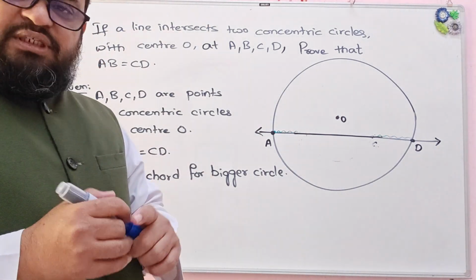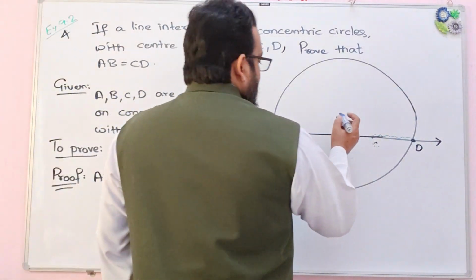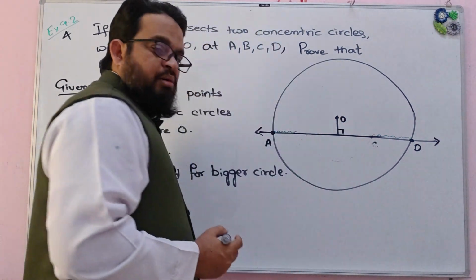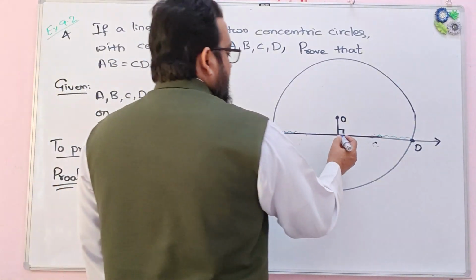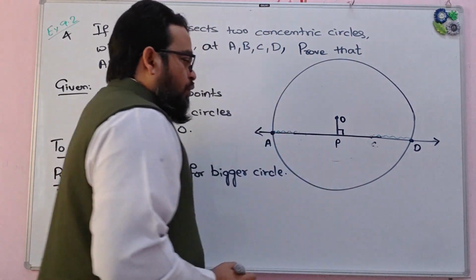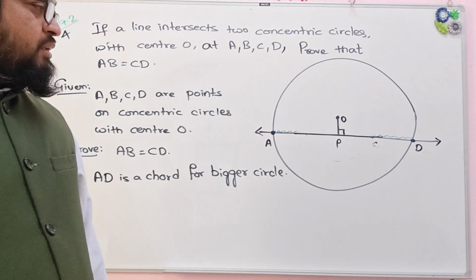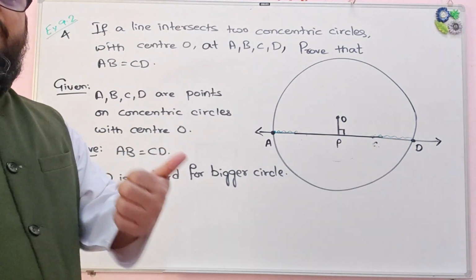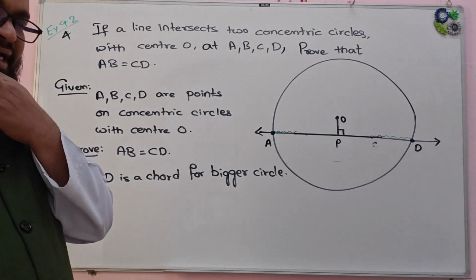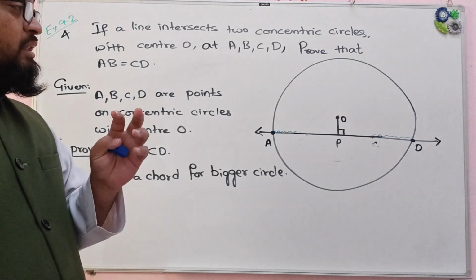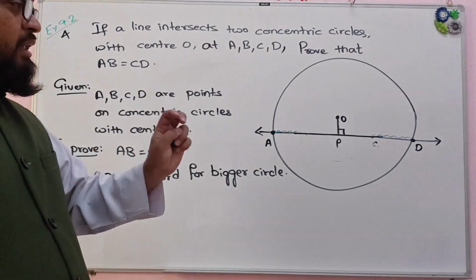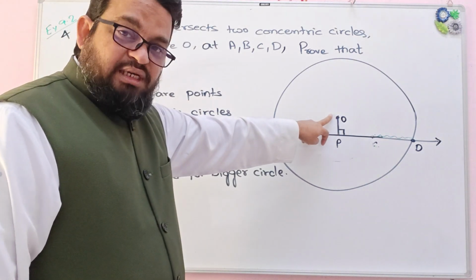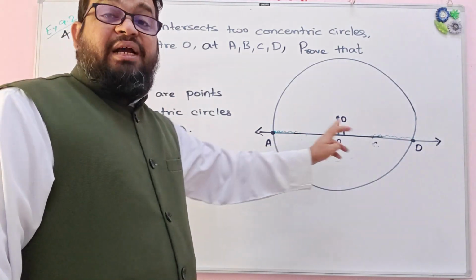Now, if I draw a line perpendicular to this chord, and it intersects at P, what do you say about this? AP is equal to DP. Is it right? Why? Because we have studied in theorem 9.3 that the perpendicular line drawn from the center onto the chord bisects the chord.